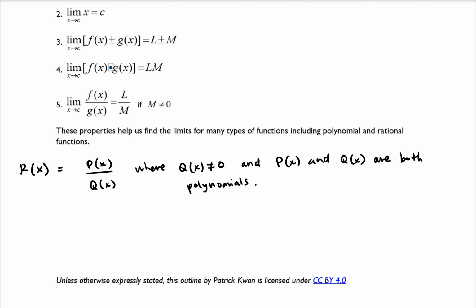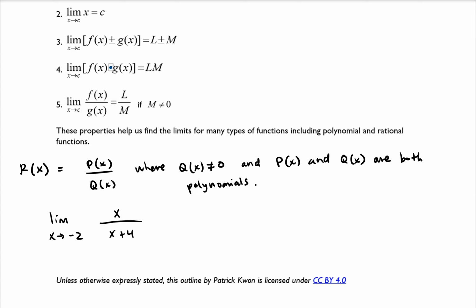you can plug in, similarly, you can plug in the x value as long as it doesn't make the denominator 0. So for example, if I had something like x over x plus 4. So let's say we're finding the limit as x approaches negative 2 of the function x over x plus 4.